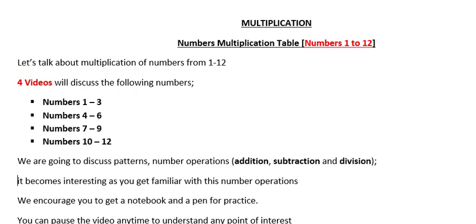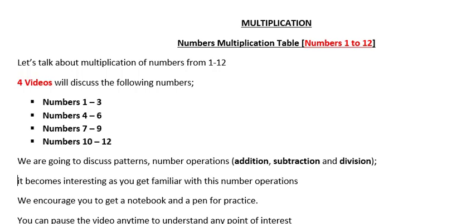As we go through these numbers, we will be discussing the pattern of the number operations that really shows the addition, subtraction, and division.